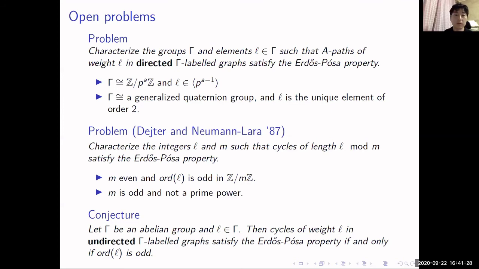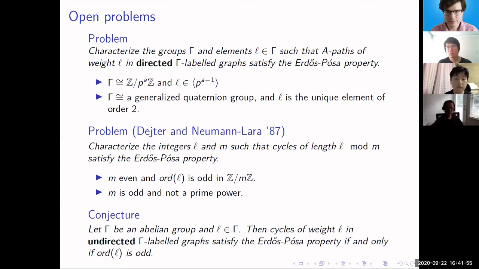Or say zero weight cycles, I don't know. I've been working with these counterexamples, and all the counterexamples admit a half integral packing. So I suspect that the half integral Erdős-Pósa property holds for basically any family of cycles you can model as a group label graph. I don't know any counterexamples to that, unless you know one.